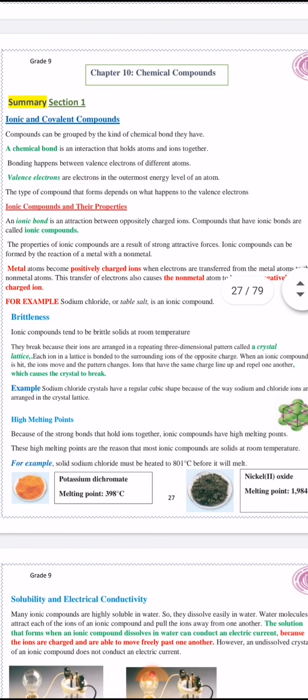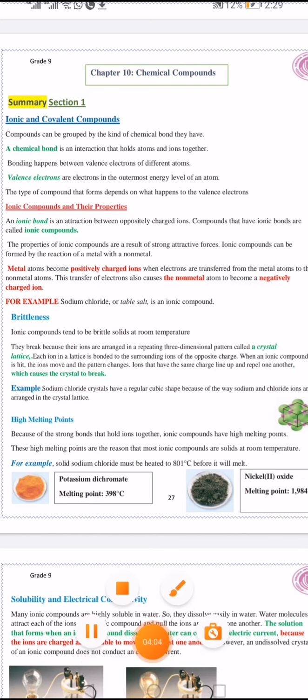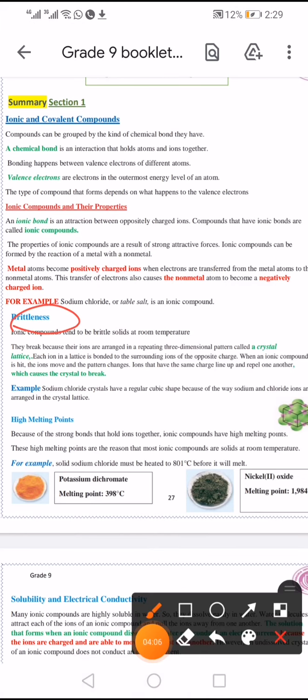So what are the properties of ionic compounds? First property, brittleness. Ionic compounds tend to be brittle, solid at room temperature. They break because their ions are arranged in a repeating three-dimensional pattern called crystals.